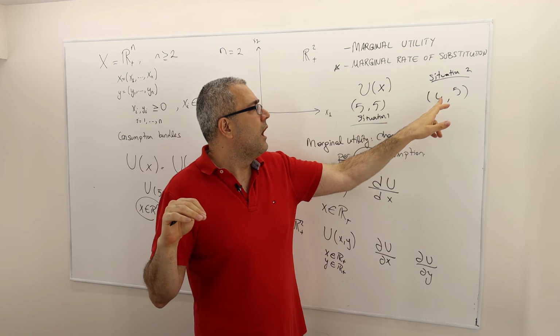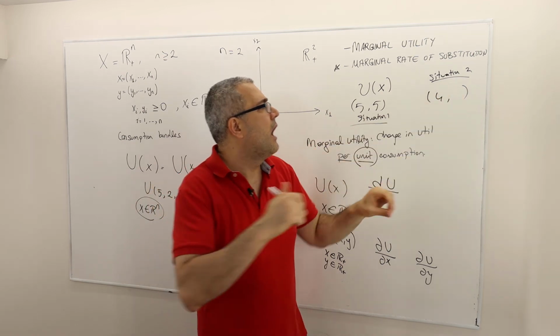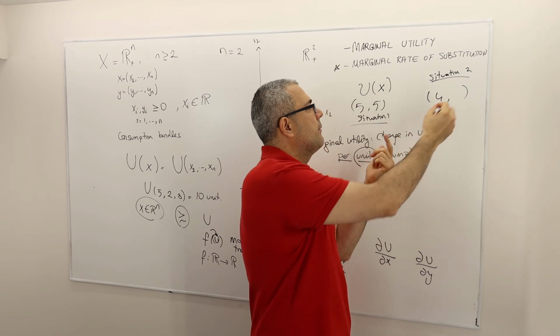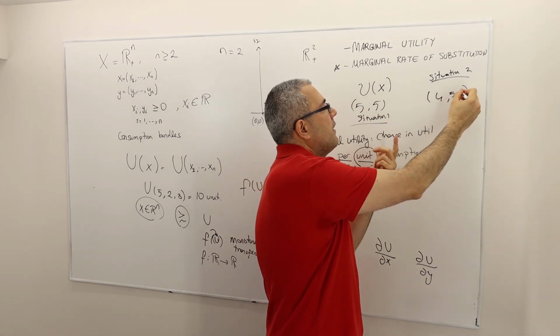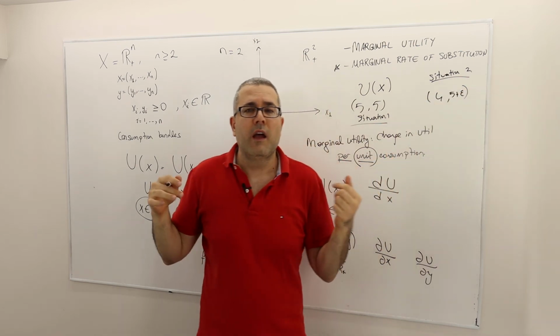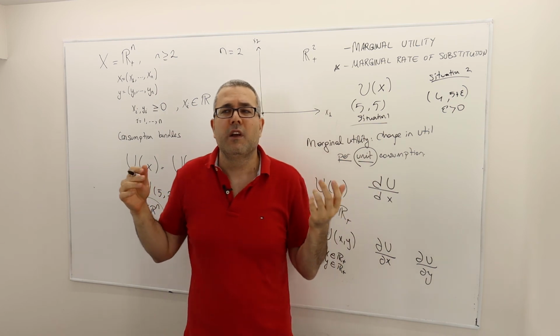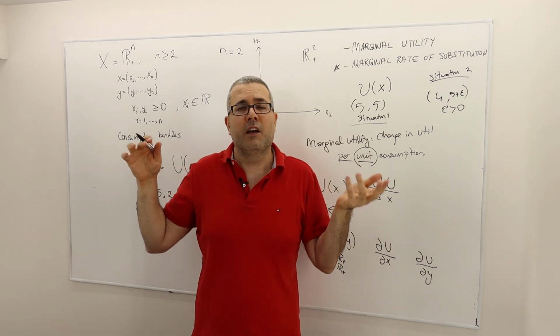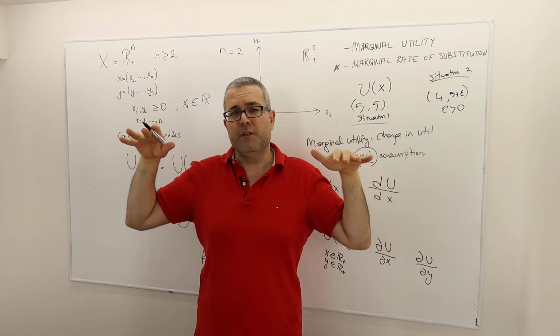Therefore, if I want to decrease my consumption of apples, I have to increase the consumption of bananas: 5 plus some epsilon, where epsilon is clearly a positive number. So how many additional bananas should I consume so that I am indifferent between these two bundles?